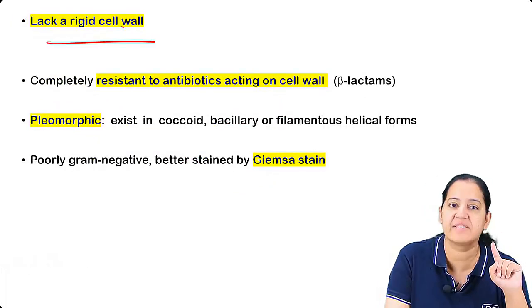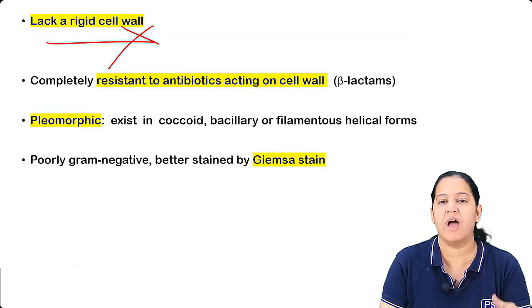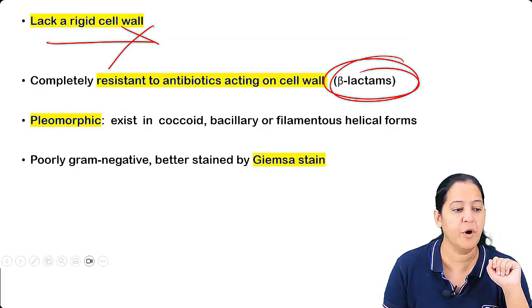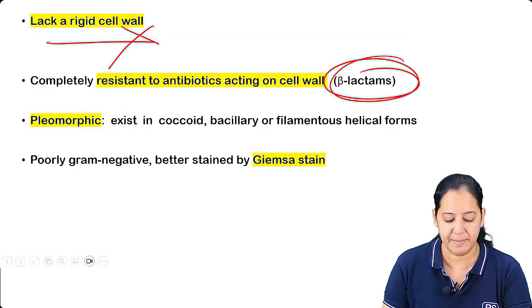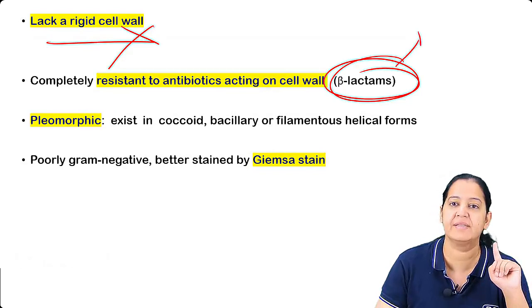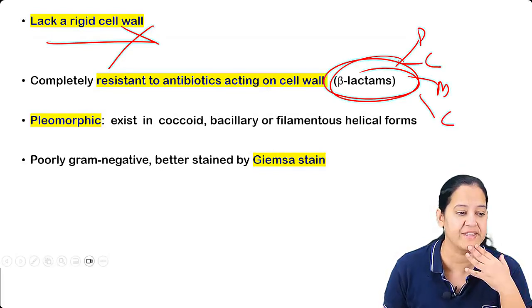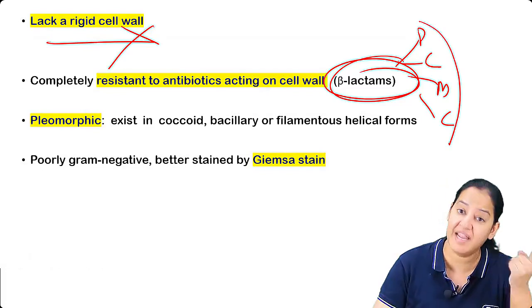It doesn't have any cell wall. Have you heard about beta-lactam antibiotics? The beta-lactam antibiotics are penicillin, cephalosporin, monobactam, carbapenem. How do these all act? These antibiotics act by inhibiting the cell wall.